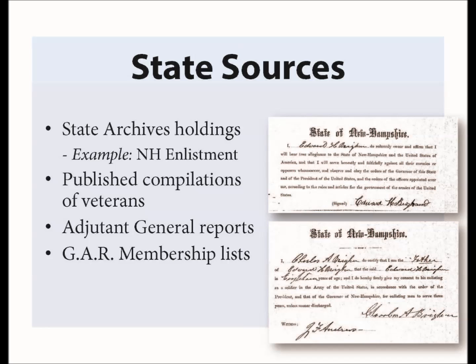In the case here, we have Edward Brigham enlisting in the military from the state of New Hampshire, but below is the rest of the document where his father, Charles A. Brigham, attests that his son is 18 years of age and signs his name, giving permission for his son to bear arms against the Confederacy and serve in the state of New Hampshire.